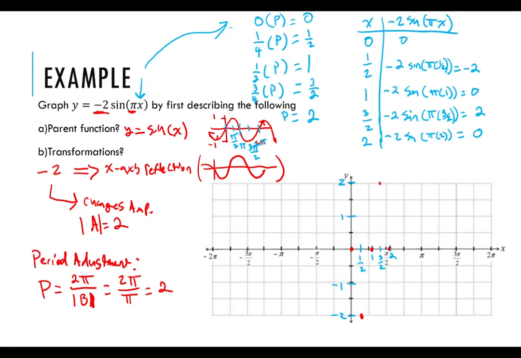So I claim that one section of this will look like this. And so that is what our graph looks like. Now, for the sake of comparison, the original unchanged sine function would have looked like this.